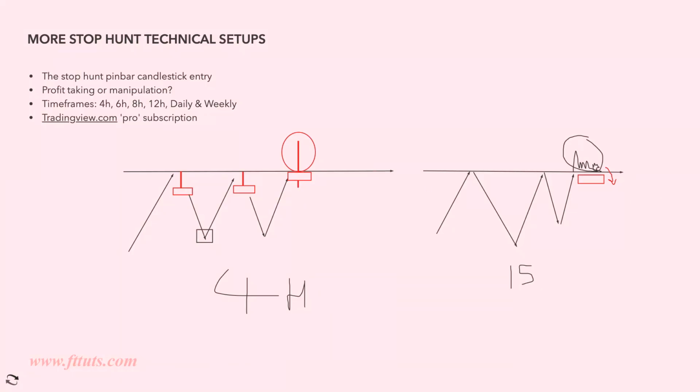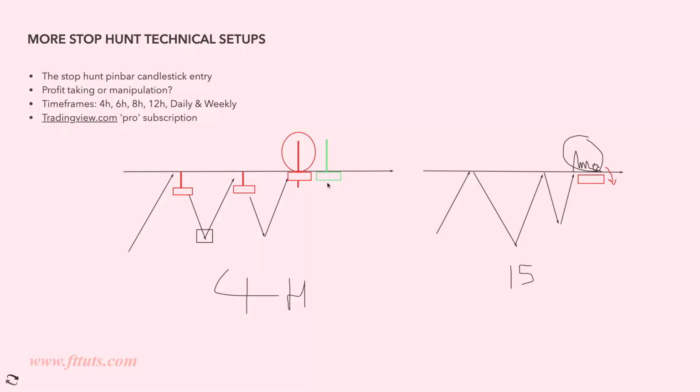You shouldn't want to see a candlestick like this, a bullish candlestick close. You don't want to see that kind of pin bar. You want to see anything that is bearish, that looks like a pin bar or an outside candle at this area.